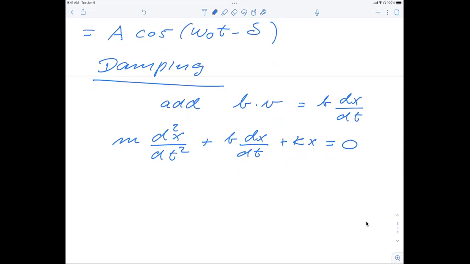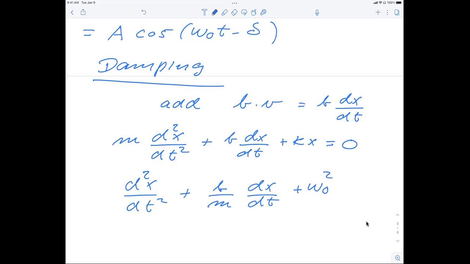What we did next was to divide by m. So we divided by m, and then we got rid of that one. So we had just the acceleration plus b divided by m times dx/dt. And then we remember that k divided by m gave us the so-called natural frequency, or angular frequency, squared.